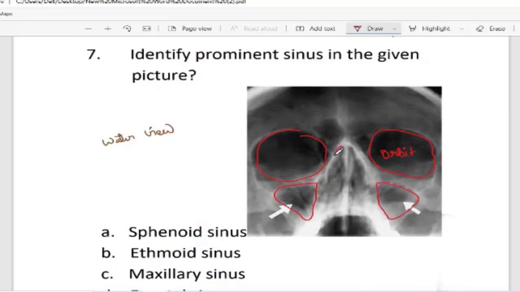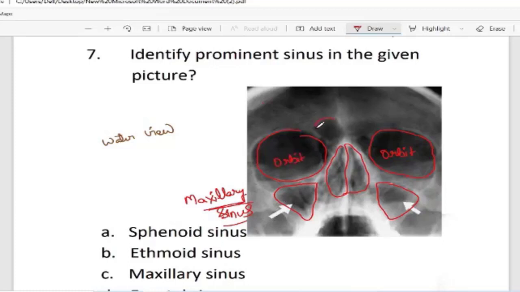This is my nasal cavity. On both sides of the nasal cavity, which is the sinus? Maxillary sinus, very clear, very simple. On both sides of the nasal cavity is the maxillary sinus, which is below the orbit.